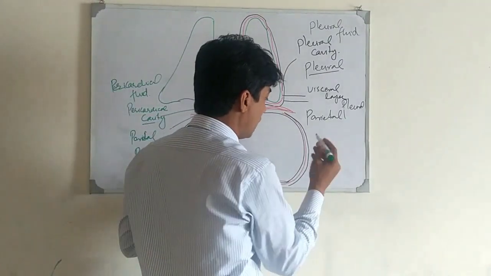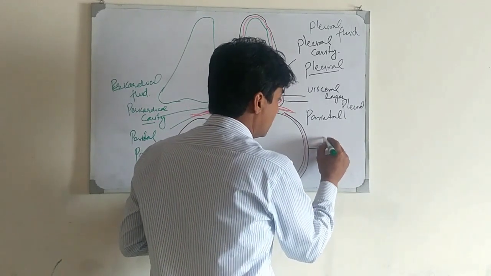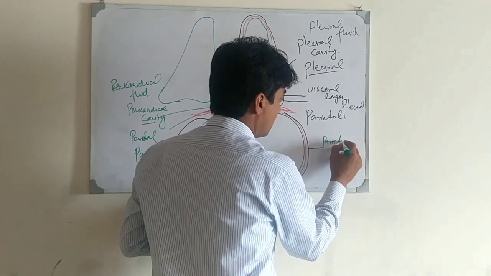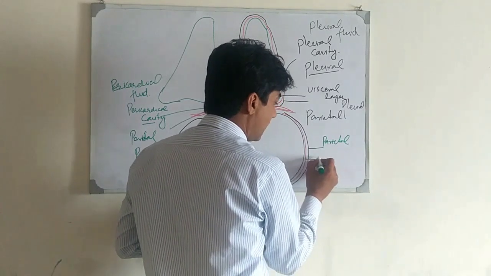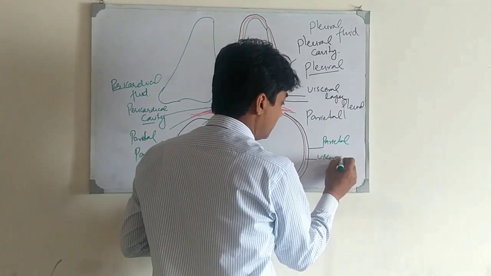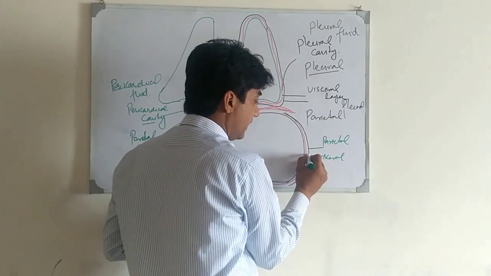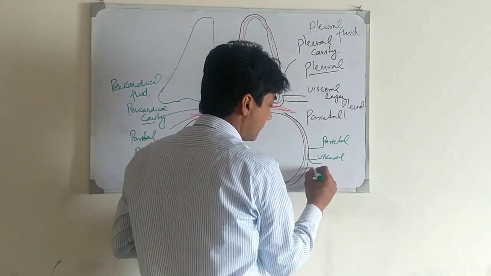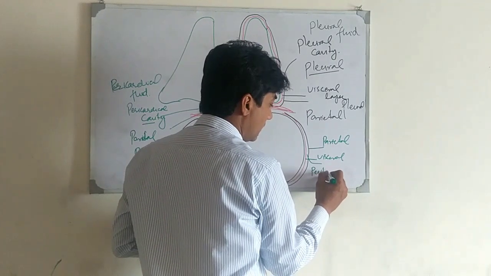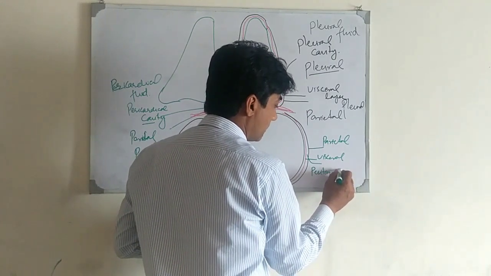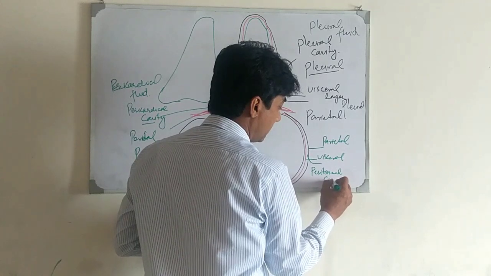The outer is called parietal, the inner is called visceral. Between these two layers there is a space, and this space is called the peritoneal cavity.